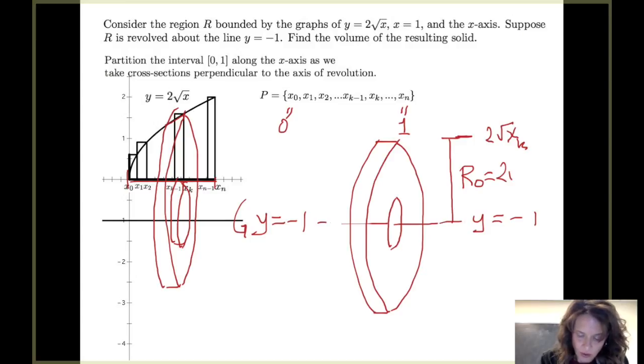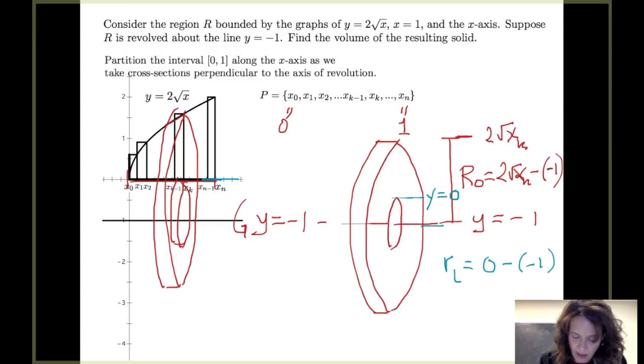So it's going to be 2 times the square root of x sub k minus -1. So it's the top minus the bottom again. The inner radius comes from revolving the segment from the x-axis around the line y equals -1. Here's where we have y equals 0, y equals -1. So that inner radius, which we'll denote as r sub i, is 0 minus -1. So that inner radius is 1.